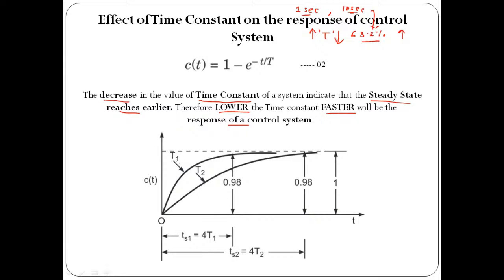First one corresponds to T1 and the second one corresponds to T2. And in this case, the value of T1 is less than T2. See, because of that, the response of the first system is quick and fast as compared to the response of the second system.